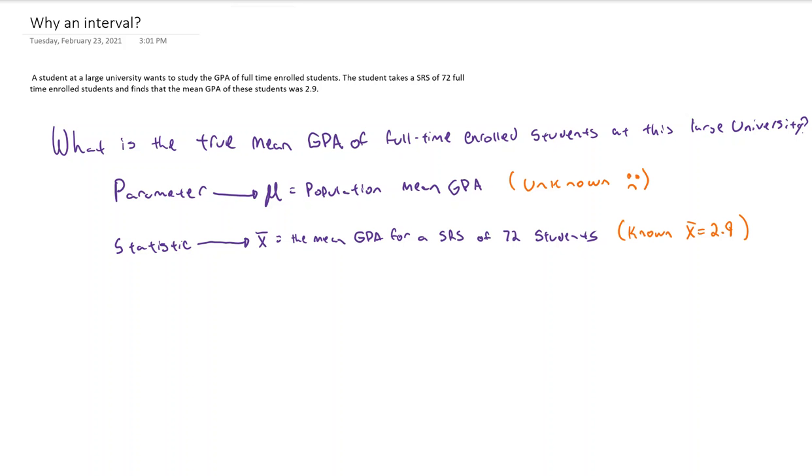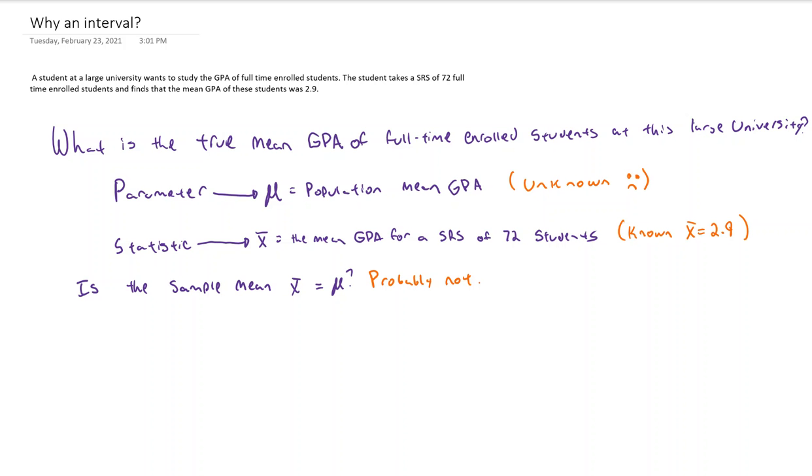But the reason we ask ourselves these questions about an interval is we can take our sample, but is this sample mean equal to the parameter of interest, this true mean GPA for all these full-time enrolled students here? And the answer is no. So the sample mean is probably not equal to our parameter of interest, although there is the very small possibility it could be, but we assume it isn't.